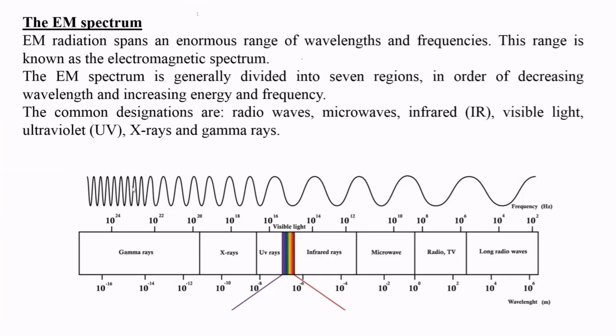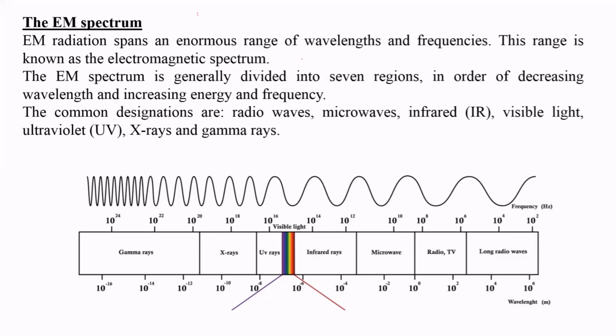Now we use high frequency and low wavelength rays for NDT testing. Those are X-rays and gamma rays. Both X-rays and gamma rays play a crucial role in non-destructive testing, especially in radiography.